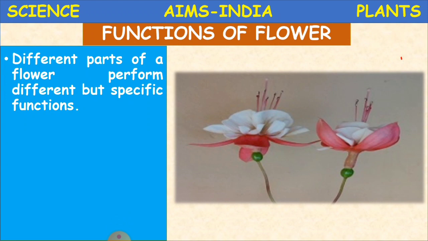Stem supplies the water to the rest of the plant. Leaf prepares food for the plant. So as the parts of the plant have different works, even flowers have different functions. Parts of flowers also have different functions, children.